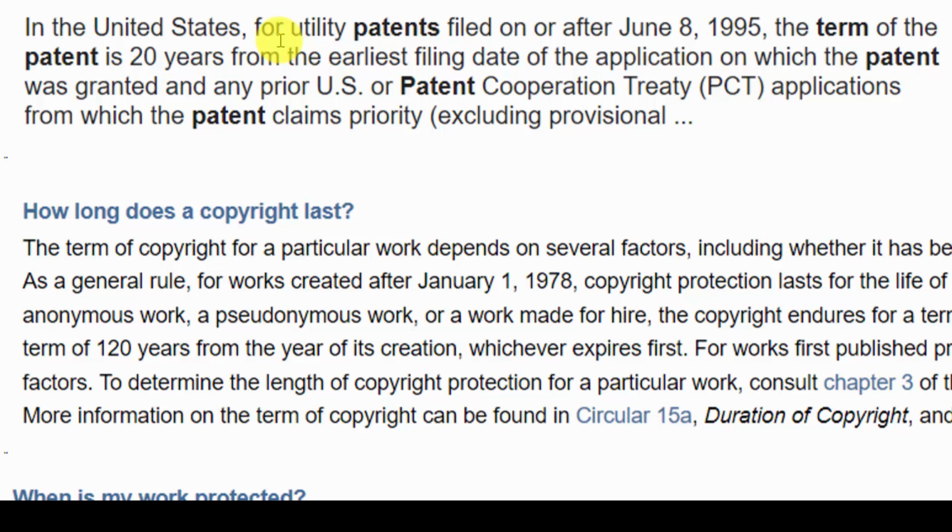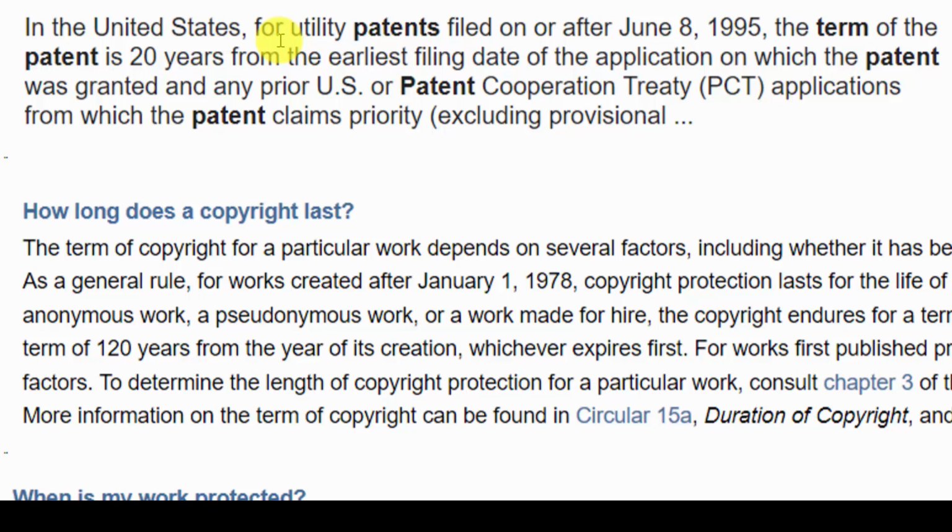Now, after 20 years is up, then anyone can make this product or use this process without having to pay you any money anymore. Now, copyrights are for things like books, software, movies, poems, lyrics, songs. So anything that's either written down or something artistic, maybe like a photograph.